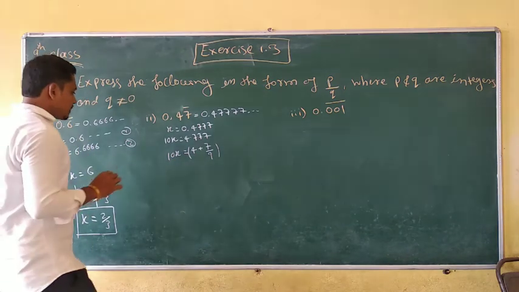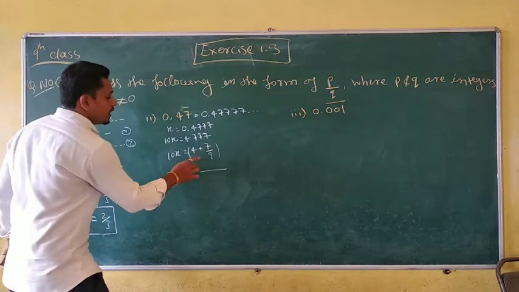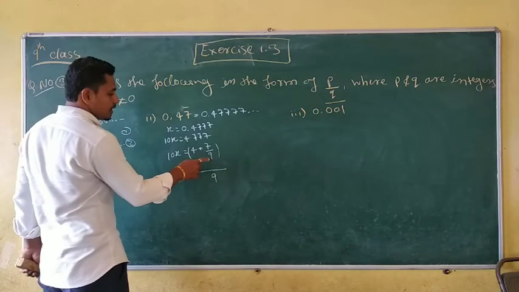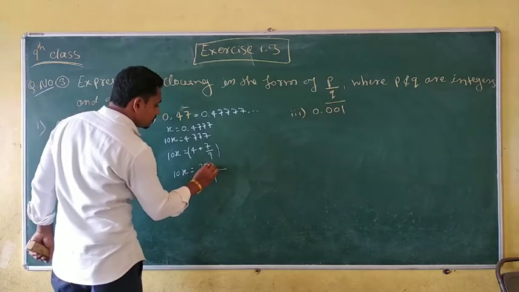Next, here 10x is equal to 4 plus 7 by 9, and the LCM is 9. So 9 into 4 is 36 plus 7.